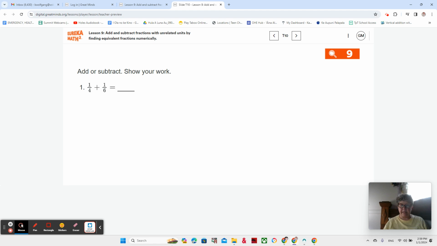One way is to make an area model, right? Show 1/4 and show 1/6. Since we're going to look at all of our different ways in this lesson, let's make an area model. Make sure that you're doing that on page 77. Everything I write, you are also writing. So 1/4, 3 lines, and one of them is colored in.